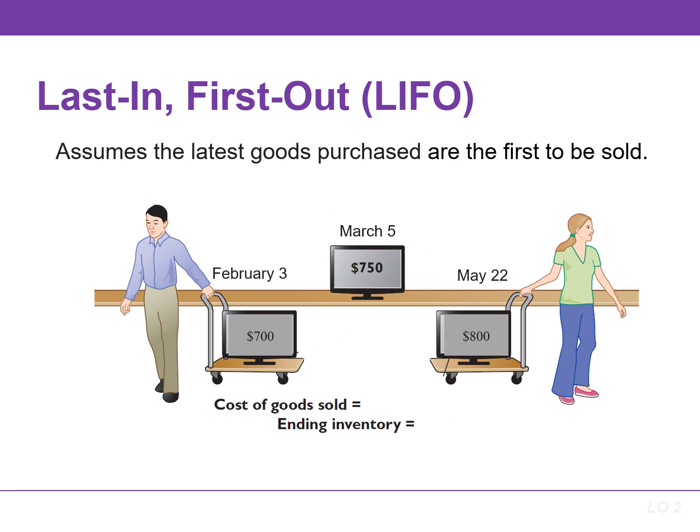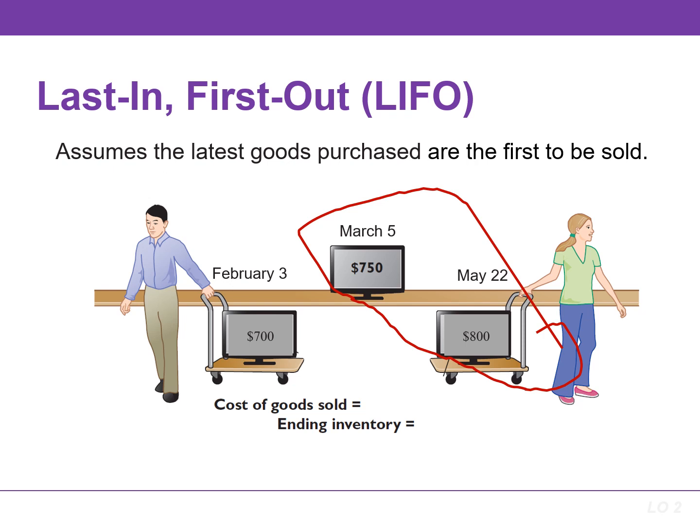The last in, first out LIFO method assumes that the latest goods purchased are the first to be sold. Under this method, the cost of the latest goods purchased are the first to be recognized in determining cost of goods sold. In this example, the latest goods purchased, the last ones in, are May 22nd and March 5th.